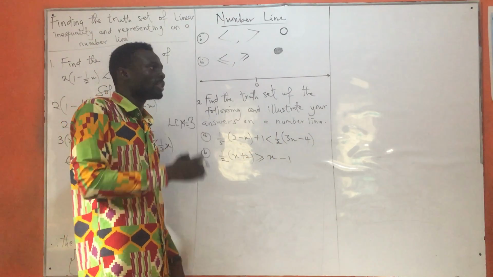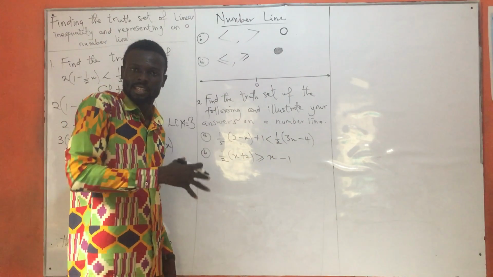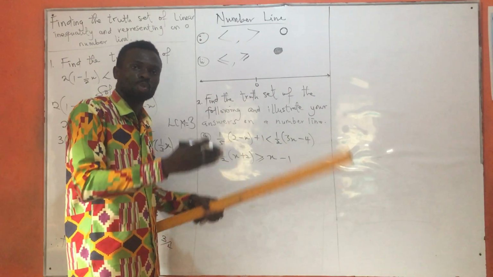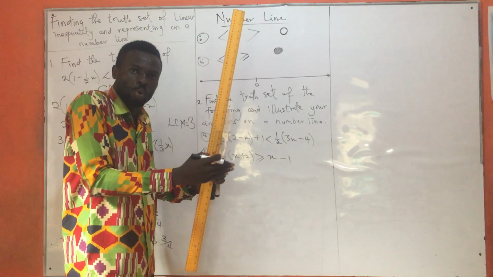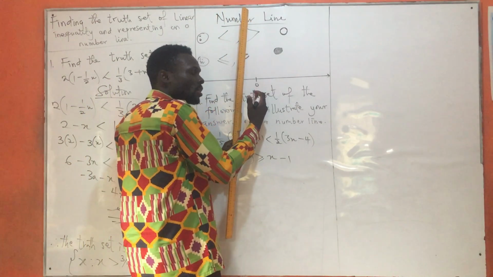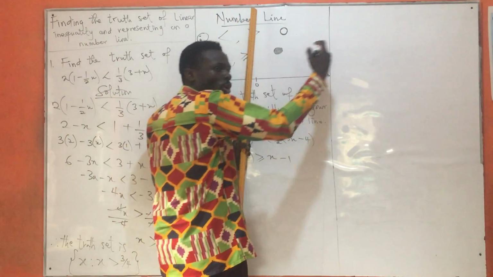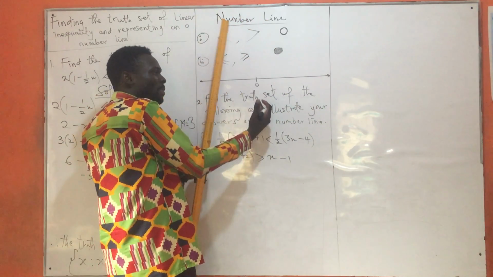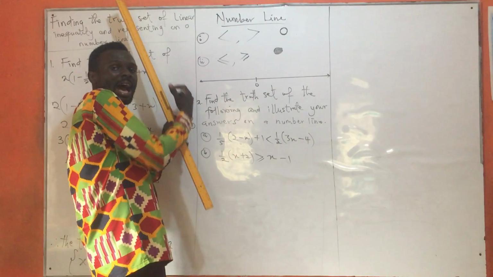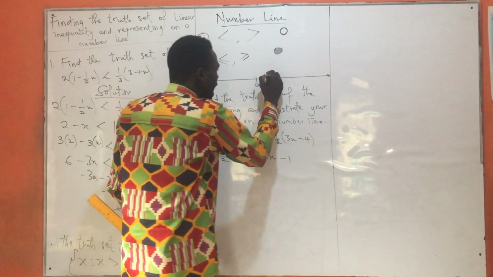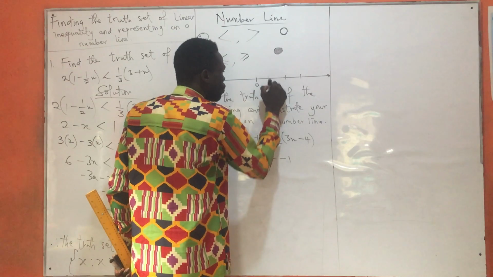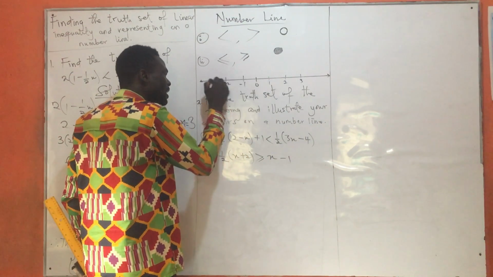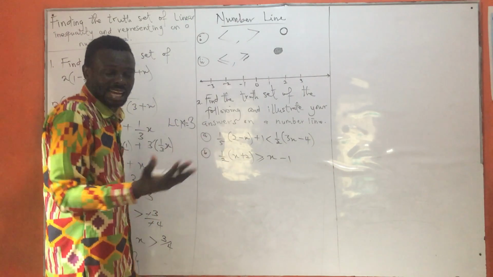We have been taught in our previous classes that on a number line where you have located the origin O, all the numbers from 0 to your right are positive, and all the numbers from 0 to your left are negative. So I have 1, 2, 3, and here I have -1, -2, -3. That is the number line.